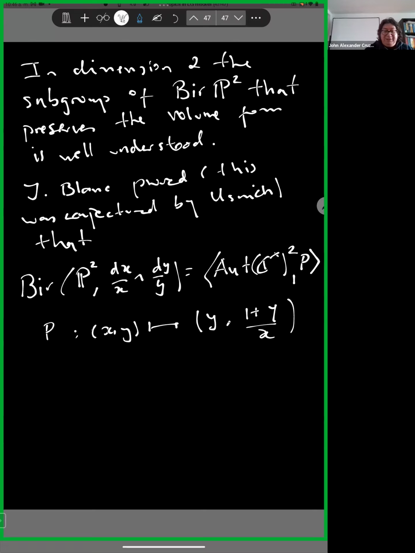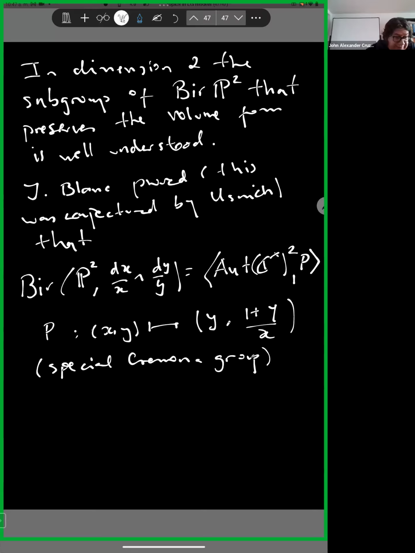That links the study of this Cremona group, which some people call the special Cremona group, and the mirror symmetry for del Pezzo surfaces, right? That's good.